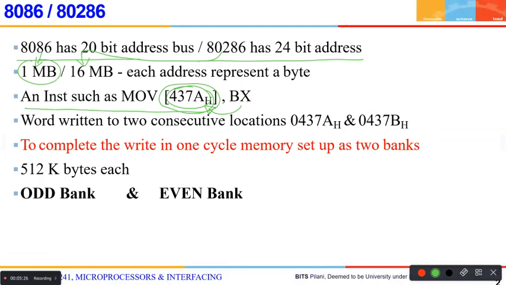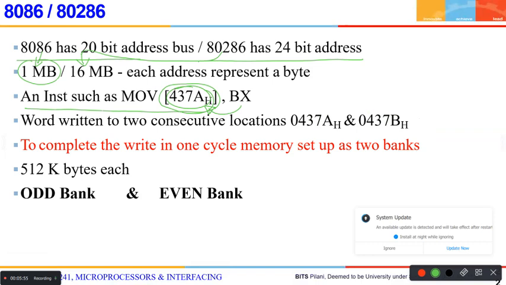Look at the instruction: MOV [437AH], BX. What does it do? I want an answer from you. It moves how much content? 16-bit content to the offset address 437AH. 16-bit content means you have a lower half and an upper half.